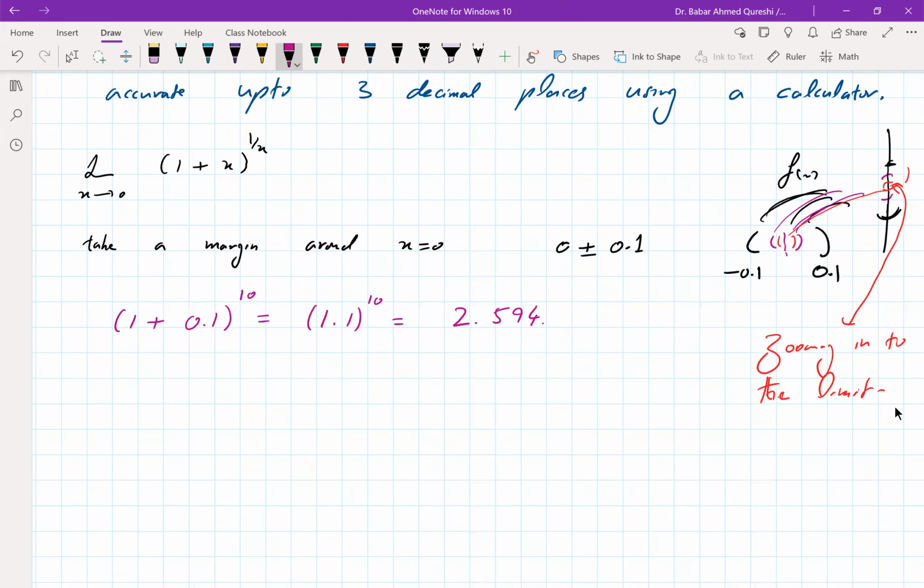I'm rounding the calculator's answers up to the third figure because I want it to the accuracy of three decimal places. And then I look at over here. So 0.9 to the power 10. And this gives me 2.868.